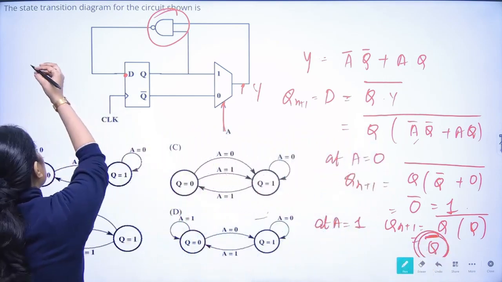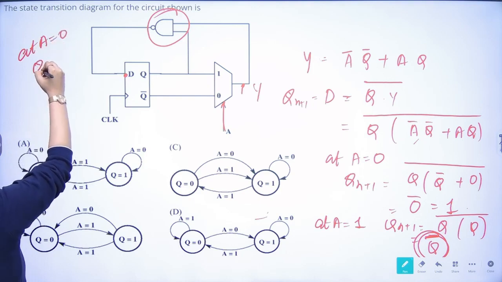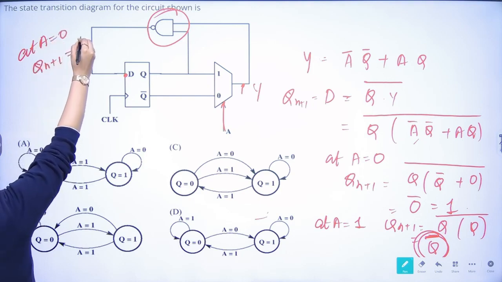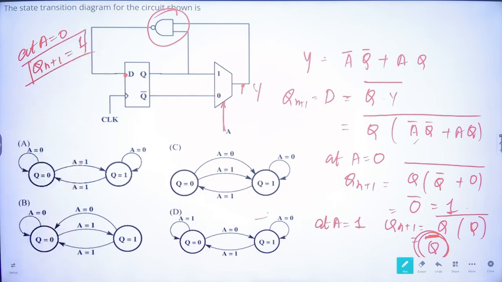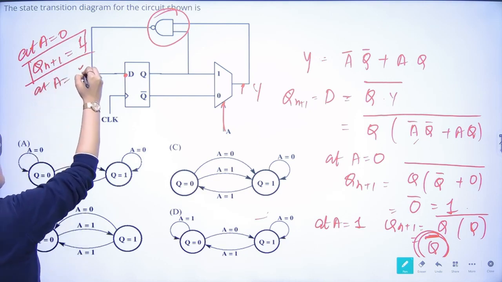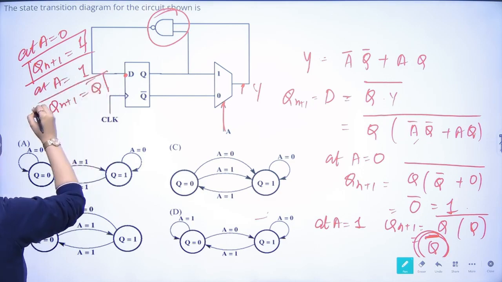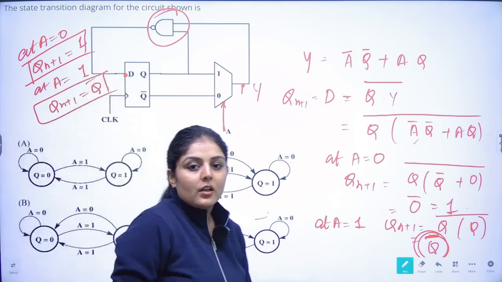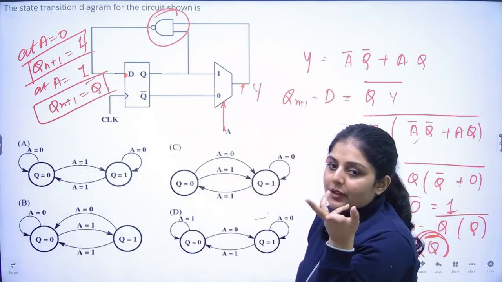So at A equal to 0, the next state is going to be 1, no matter what. And at A equal to 1, the next state is going to be toggling. So from these 2 points only we can conclude the FSM.